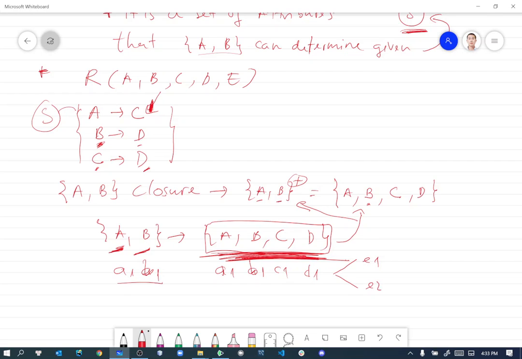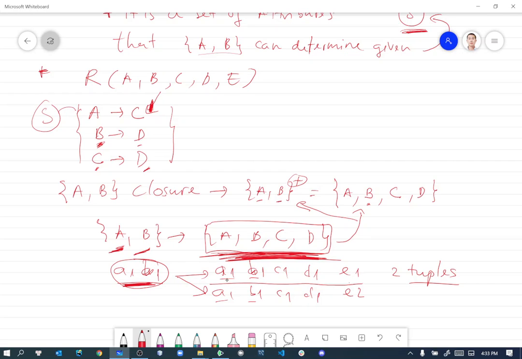Because A and B can determine only A, B, C, D. It cannot determine E. If there is more than one E, say E1, for the same A1, B1, C1, D1, I may find E2. Which means that given A1 and B1, I may find two tuples, or two rows. So A1, B1 is not unique, it is repeated here, so it cannot be the key.